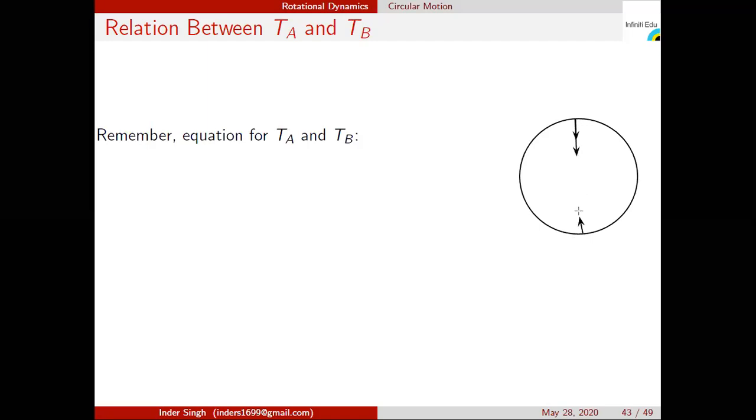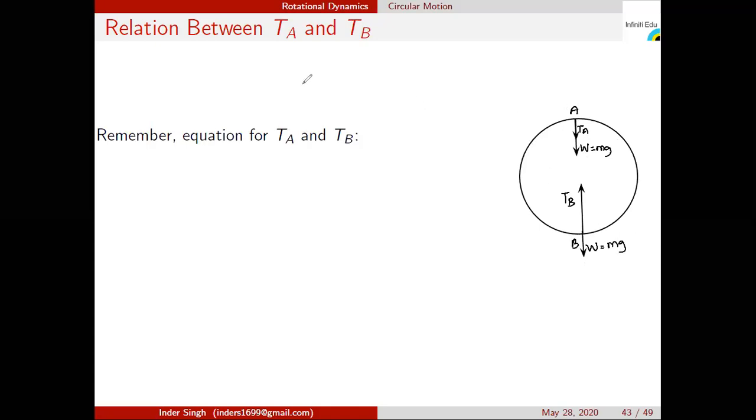At position B, there was TB towards the center, and there was weight, which is in the vertically downward direction. This is TA, this is position B. This was TA, and this was W, equal to mg. This was TB, and this was W, equal to mg.